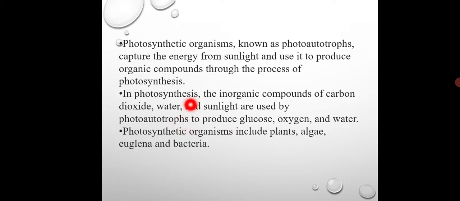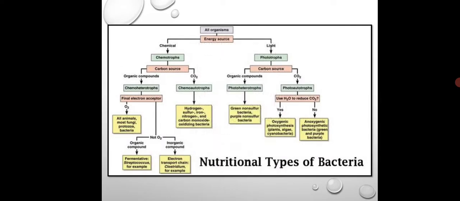They use carbon dioxide, water and sunlight and produce glucose, oxygen and water. Photosynthetic organisms include plants, algae, euglena and bacteria. So this is general information about photosynthesis.